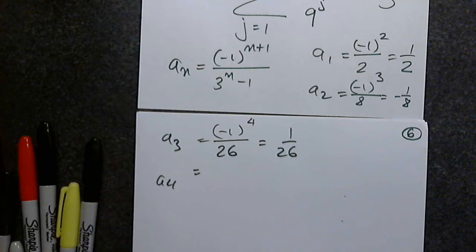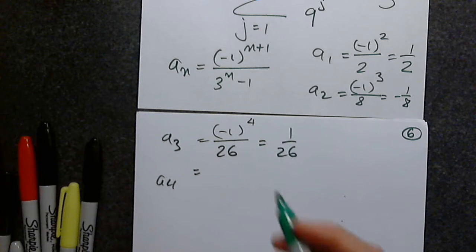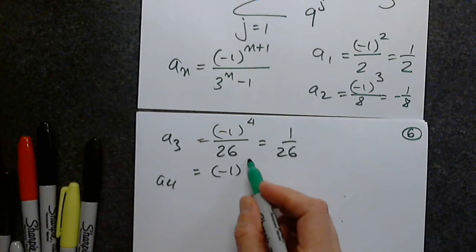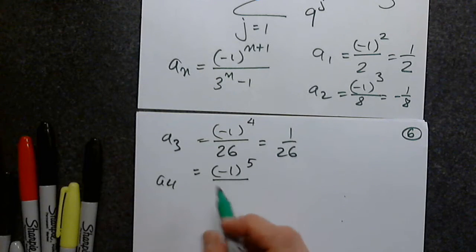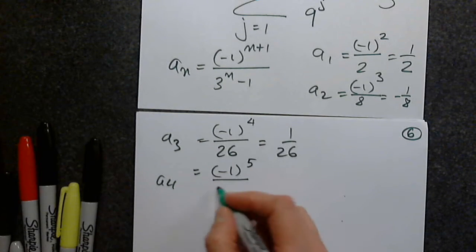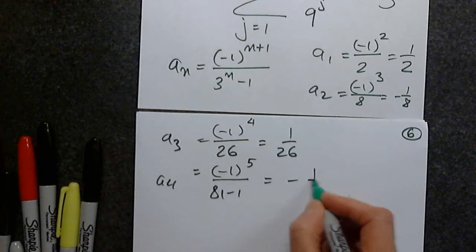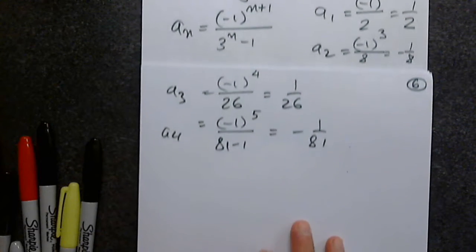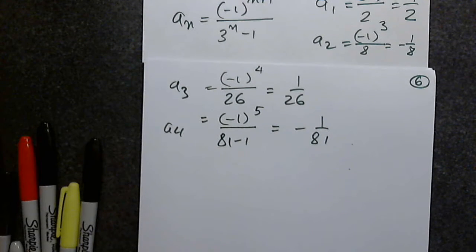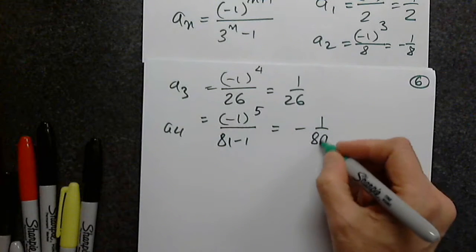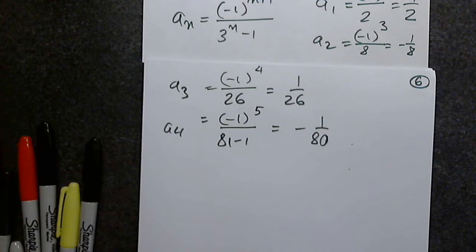And the last one, oh, this whole thing. -1 to the 5th power divided by 81 minus 1. So -1 over 81. Of course, 81 minus 1. Thank you. Well done.